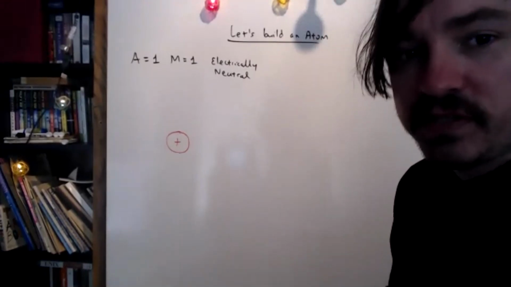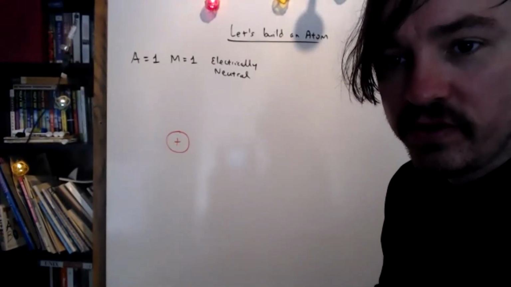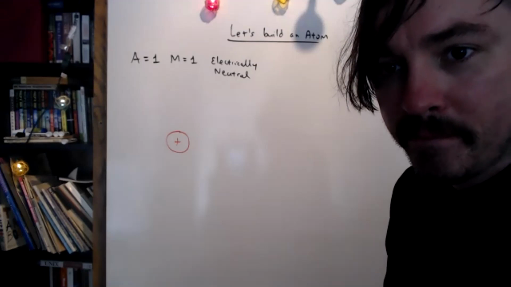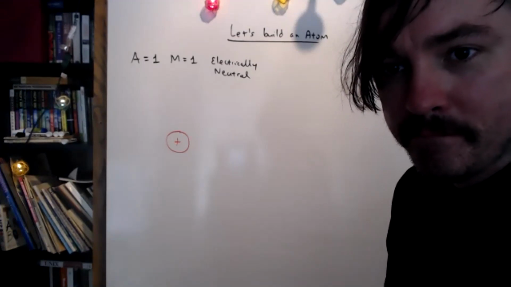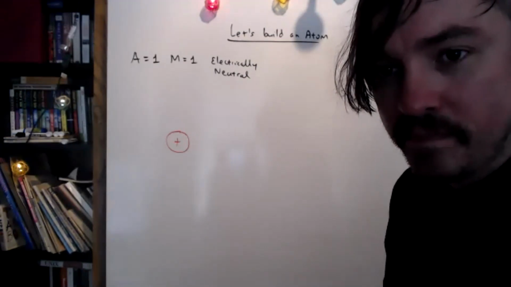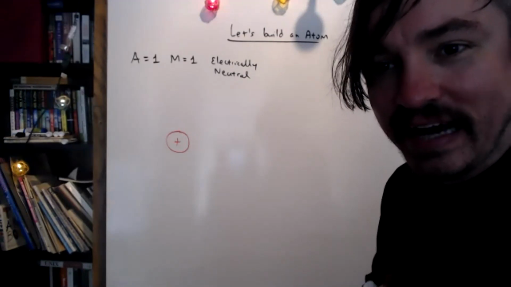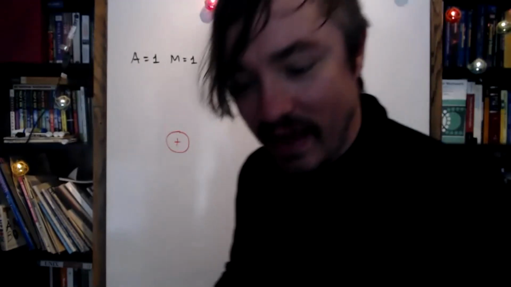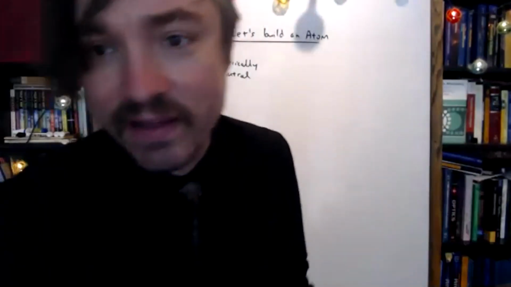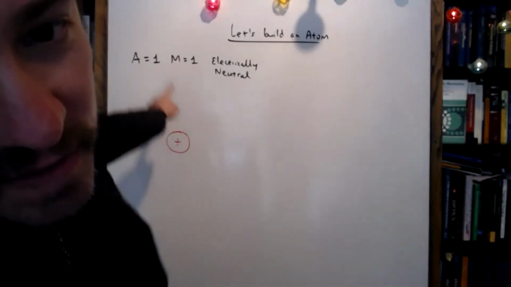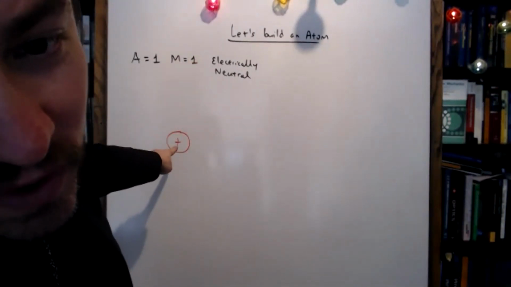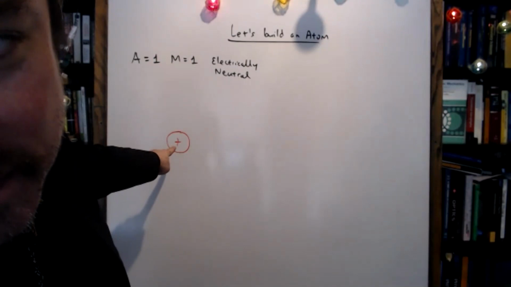You know there's one proton, and you know there's one nucleon. So how many neutrons do I have? None. Very good. I did not trick you. That's right. There are no neutrons because you've already used up your one nucleon.